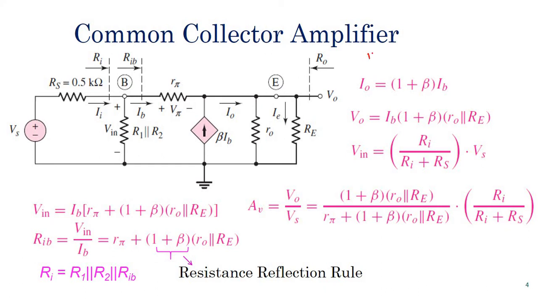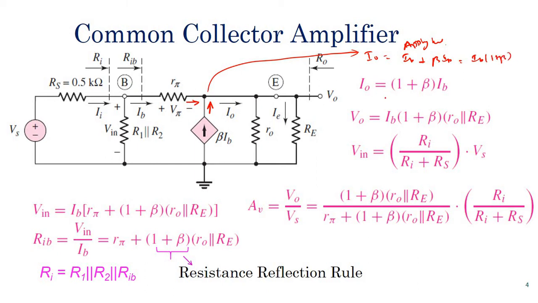We want I0, so this is I0. This is the current which is entering, and this is the current which is entering. You apply KCL here. It becomes IB plus beta times IB. Take IB as common, 1 plus beta.